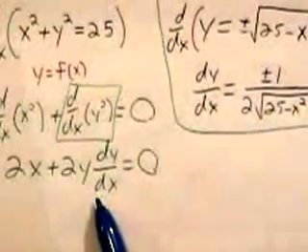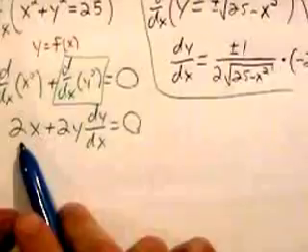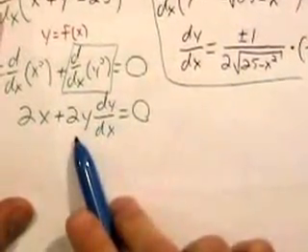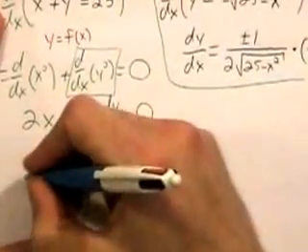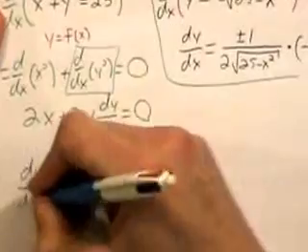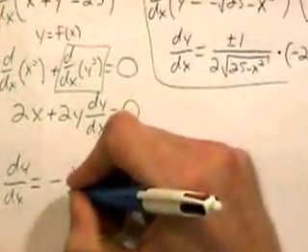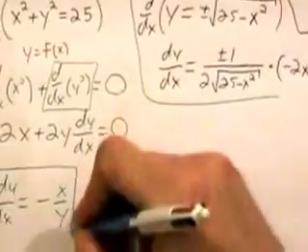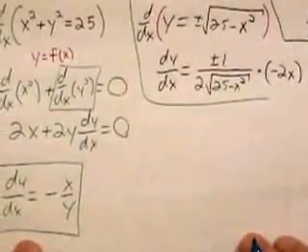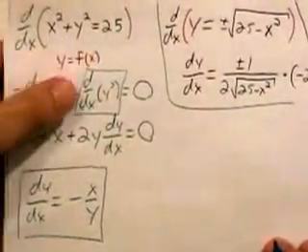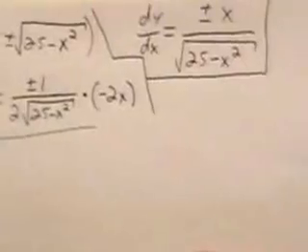Now, I want to isolate dy dx, so pull this over to the other side, and then divide by 2y, and you get dy dx ultimately is minus x over y after the 2's cancel. So you look at this and compare it to the answer that we got when we did it explicitly.